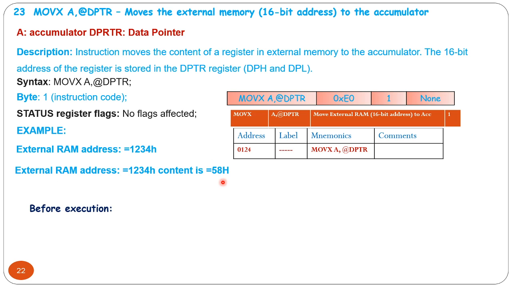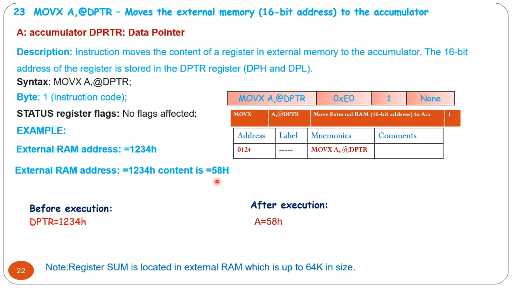Before execution, the DPTR content is 1234H, and the memory content is 58H. After execution, the content moves into the accumulator, so the accumulator content becomes 58H after execution.